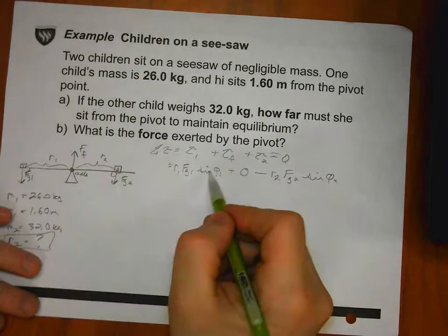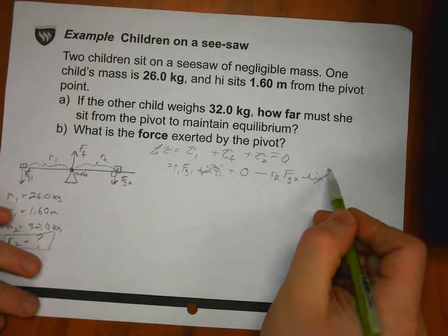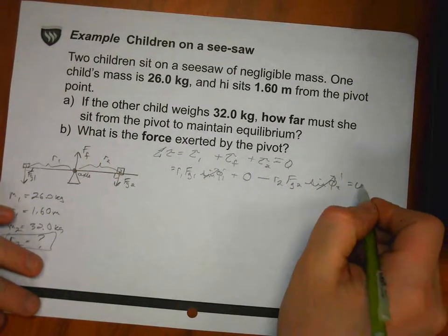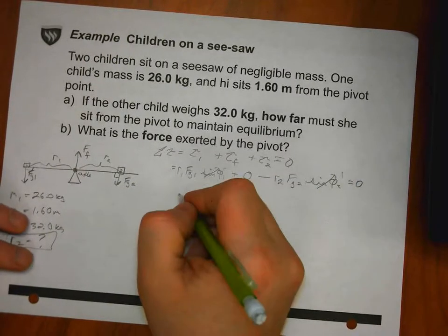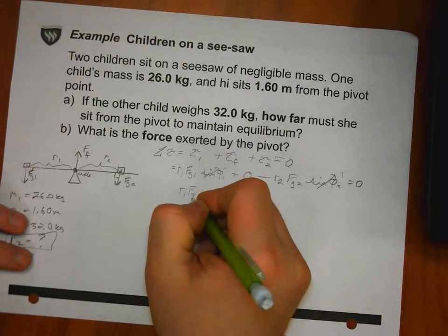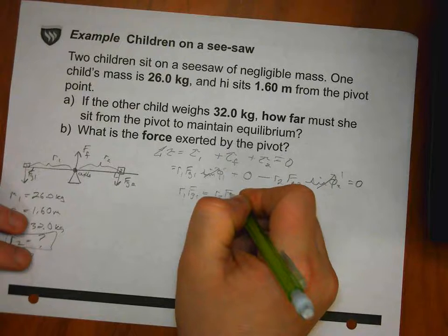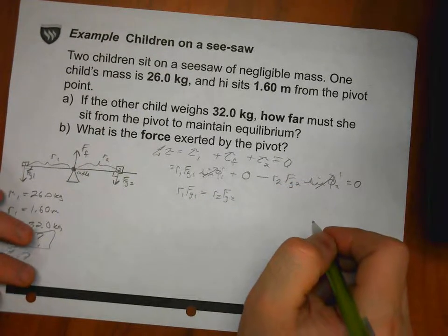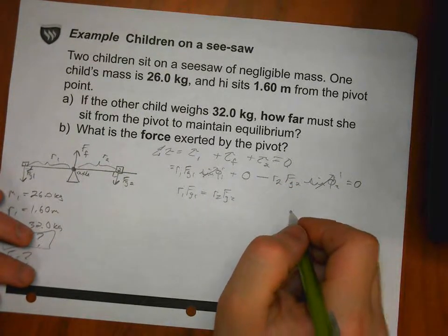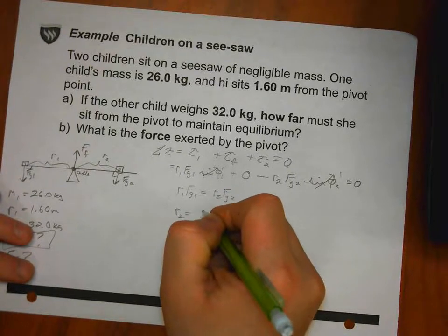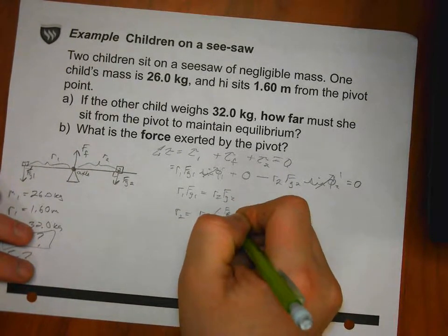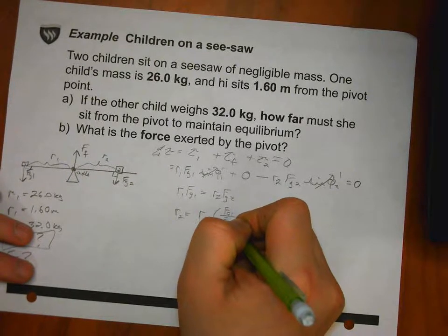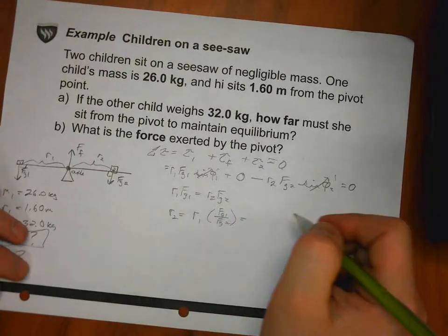Well, we know these are, so this goes to 1 and this goes to 1 as well. And we all know that all sums to 0. So R1 Fg1 equals R2 Fg2, and R2 then is equal to R1 times Fg1 over Fg2.